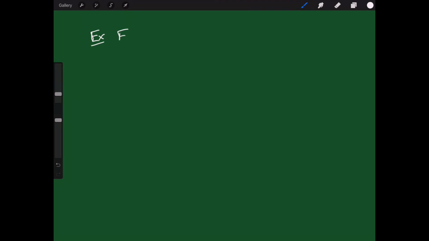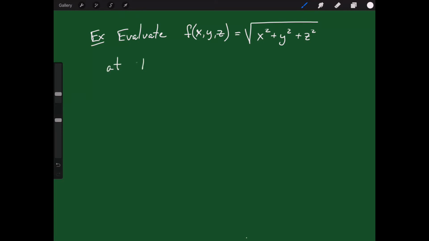Let's evaluate the function f of x, y, z, which is equal to the square root of x squared plus y squared plus z squared at the point 1, 0, 3.